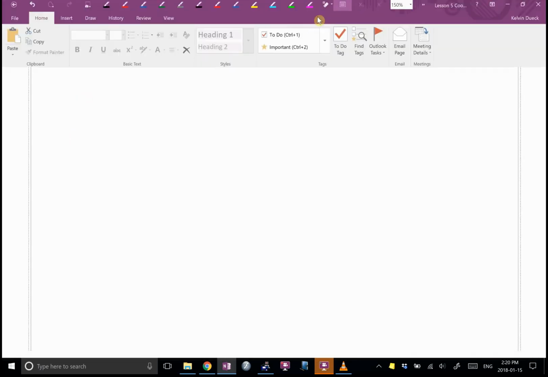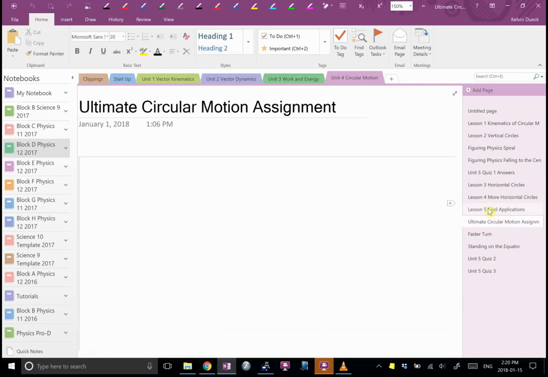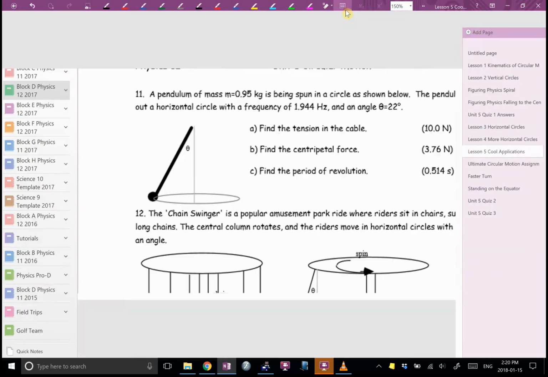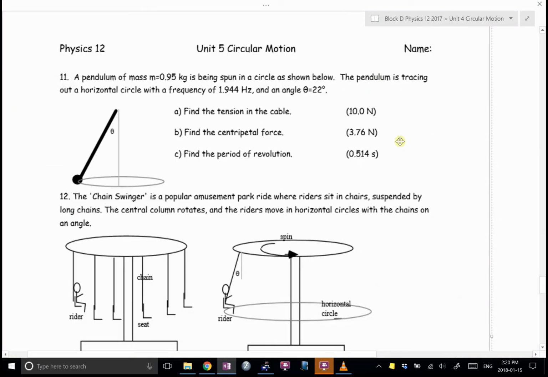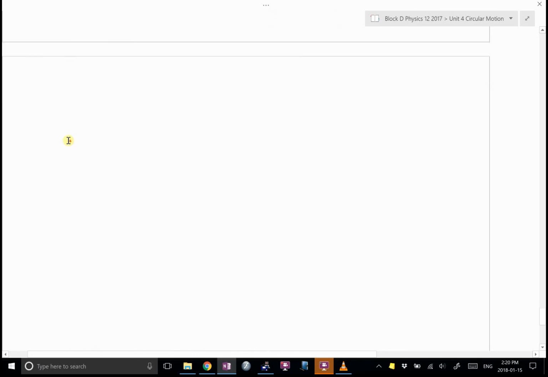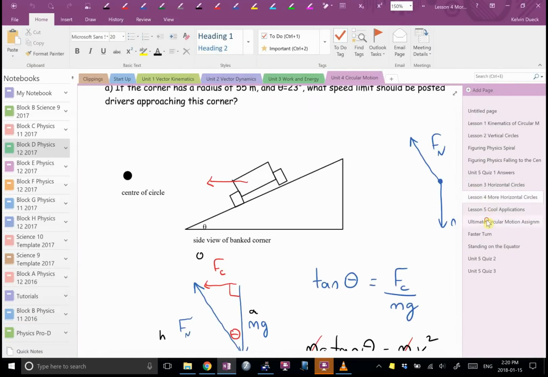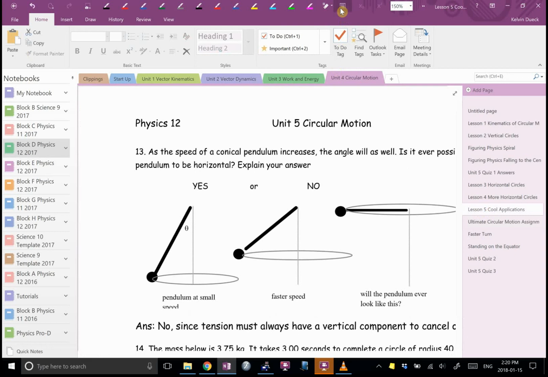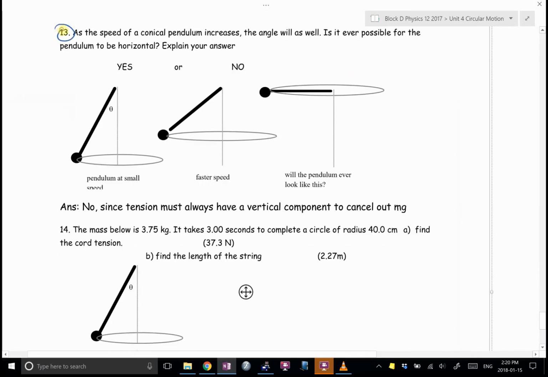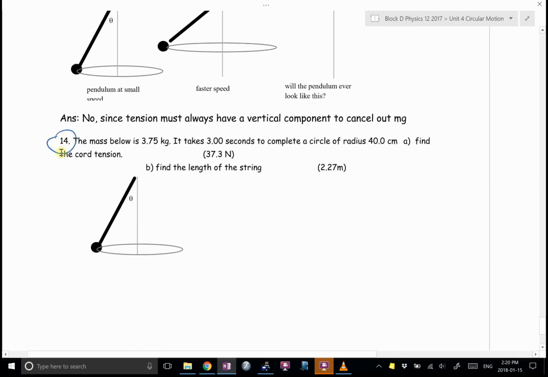And then I'm missing a page again, Mr. Dewick. 11 is good. 12 is good. What is going on here with me missing questions? 13 is good. 14 is good. So you got 20 minutes.